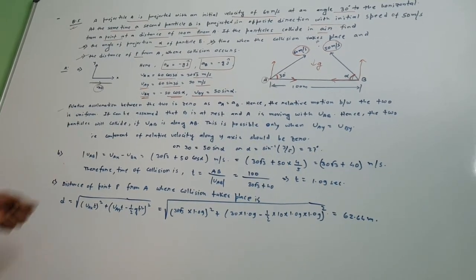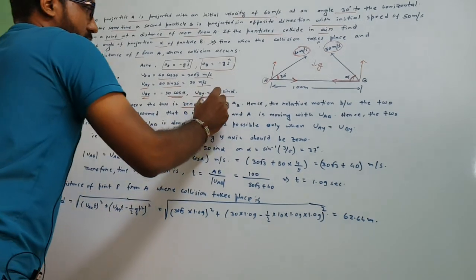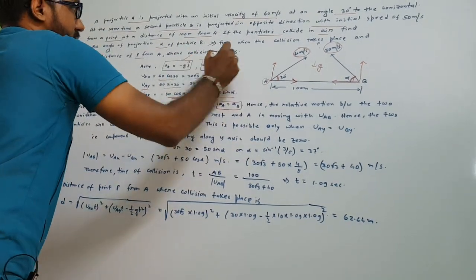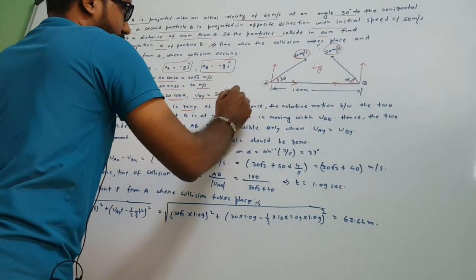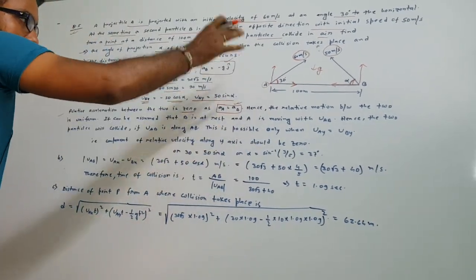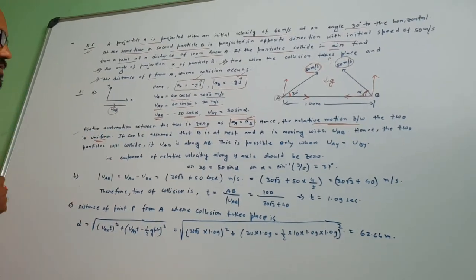The relative acceleration between the two particles is 0, because both of them have minus g j. So the relative acceleration is zero, and from here we can say that the relative motion between the two particles is uniform.